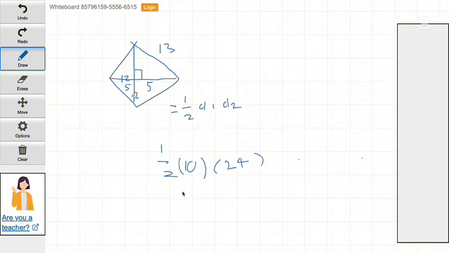And then we know that half of 24 is 12. So we would just go 12 times 10. And 12 times 10 is equal to, from the top of my head, 120. So the answer is 120. That's the area of this shape.